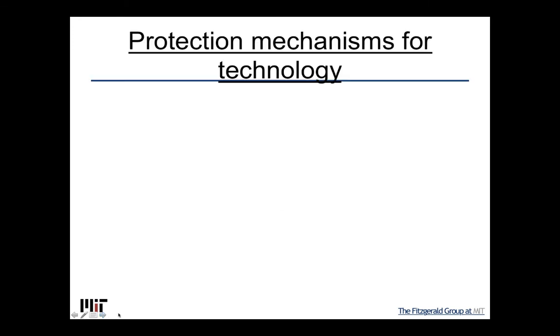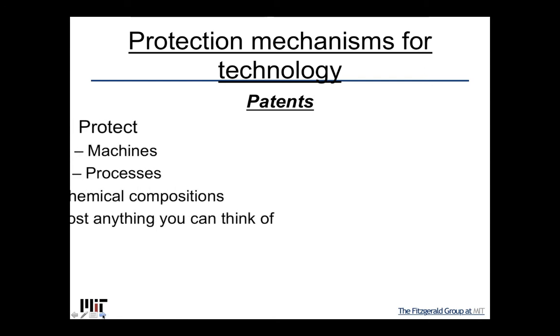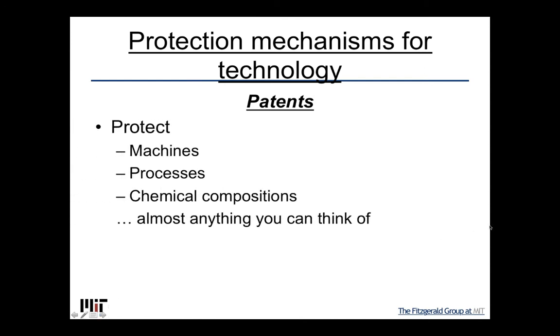So first, let's talk about the different kinds of protection you can have with intellectual property, because we often think about patents, but actually intellectual property covers more than that. Patents is the main category, and we can protect machines, processes, chemical compositions, really anything. It falls into general categories.